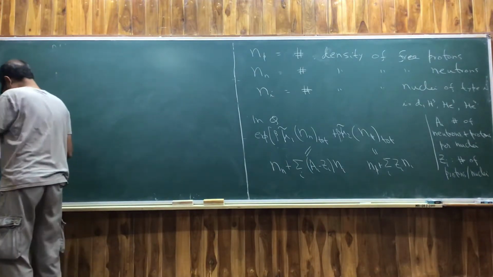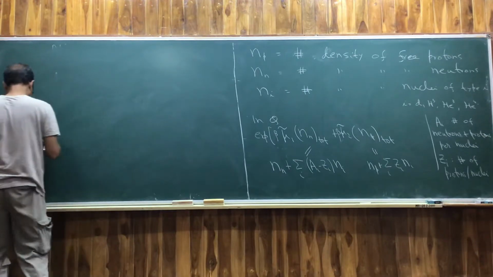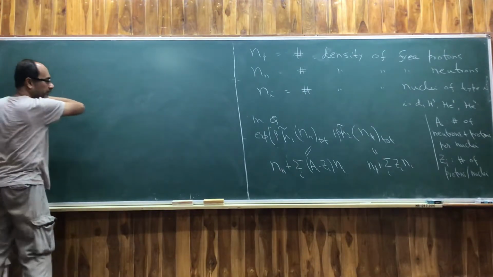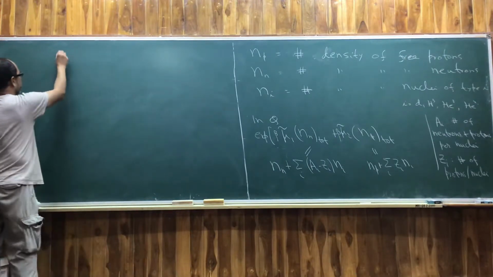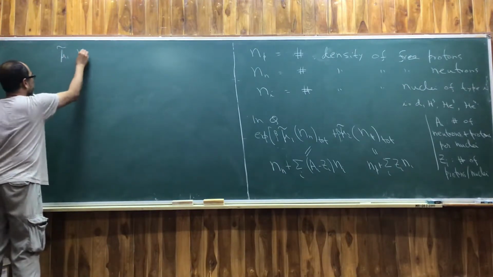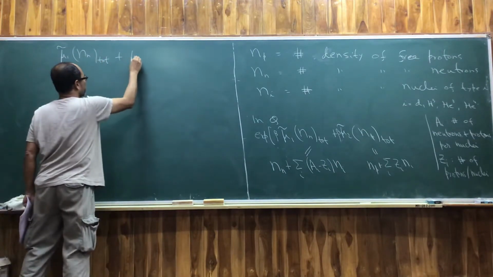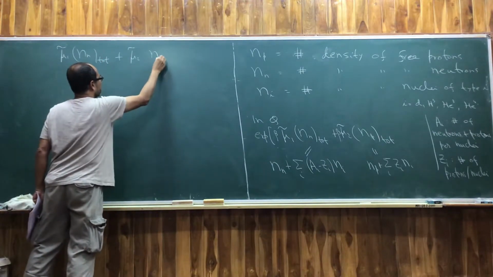So we write this as mu1 tilde N_n total plus mu2 tilde N_p total.